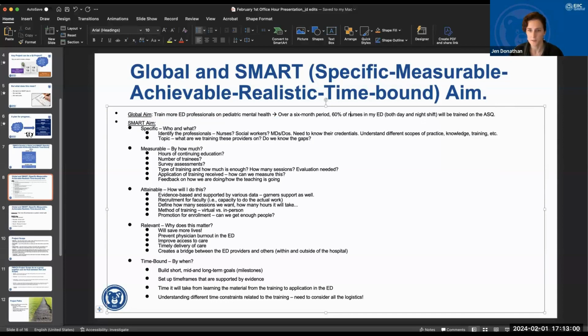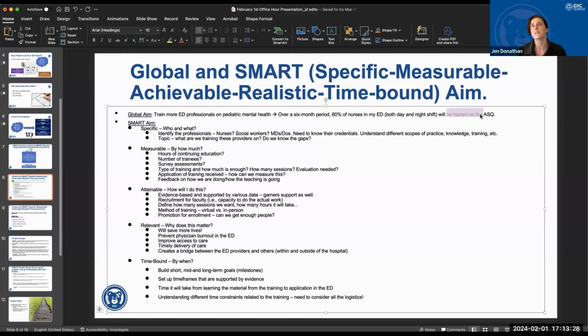So that's moving towards a much smarter aim. Taking the broad idea of doing more training to: over a 6-month period, 60% of nurses in my ED, or whichever partnering ED you're working with, considering both day and night shift nurses, will receive training on the ASQ.